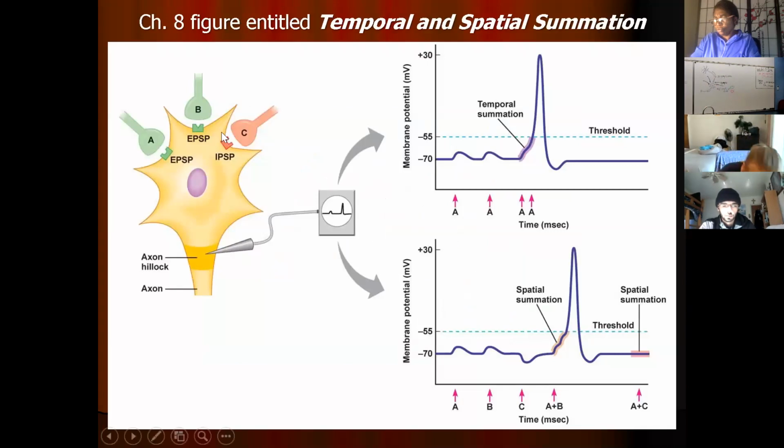Different spots, A, B, and C. You need A, B, and C firing. That's spatial summation. But if it's just A, it's got to fire boom, boom, boom, boom, boom, fast enough to get you temporal summation. So again, temporal summation is only one synapse firing again and again. Spatial summation is different synapses firing at the same time.